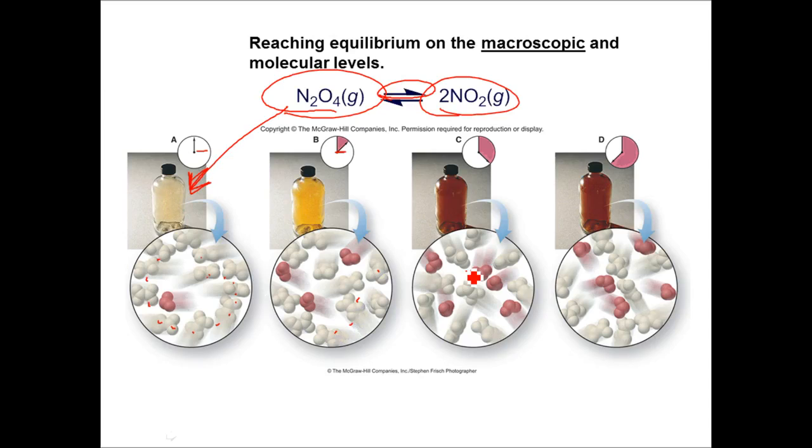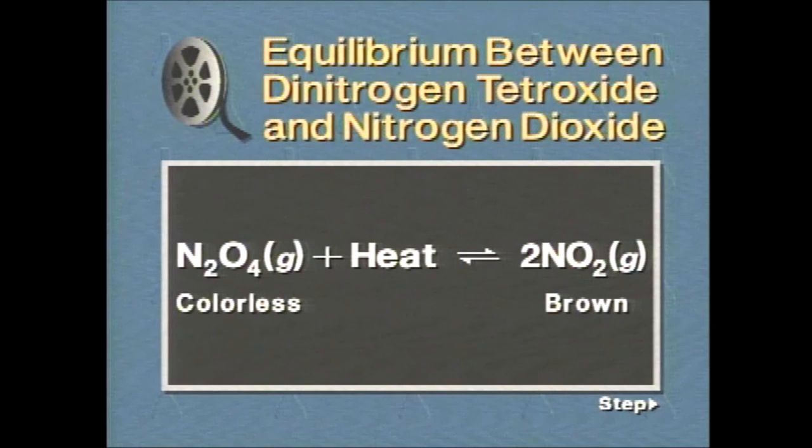And so that's why the concentration of our darker brown gas, NO2, is starting to increase. As more time passes, we get this. But at time D, eventually, there's an equilibrium established, whereby there is no change in this process.